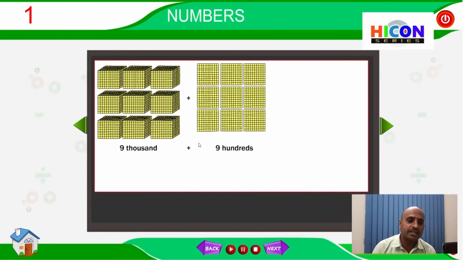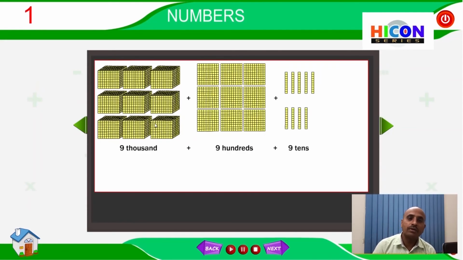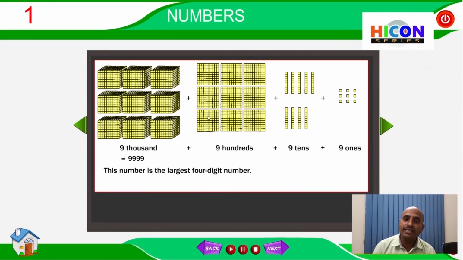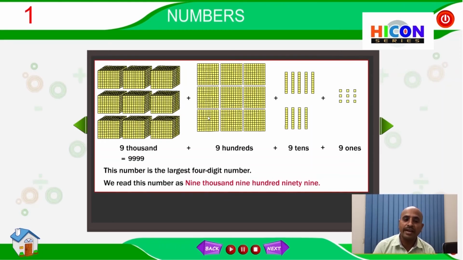Look at this picture. In the first picture 9 cubes are given and it becomes 9000. A total of 9 sheets are given and each sheet represents 100, so it becomes 900. In the third part they have given 9 strips. Each strip represents 1 ten, so the total becomes 9 tens.